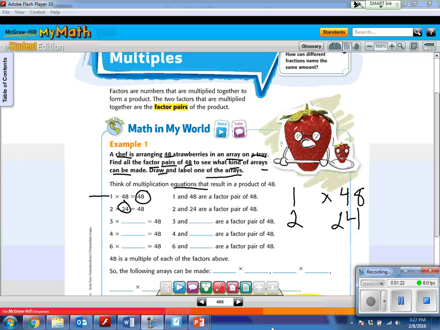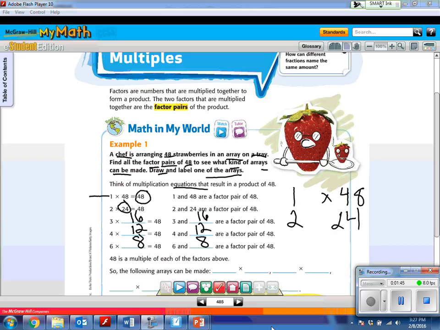But what can I multiply by 3 to get 48? Well, if I multiply that by 16, 3 times 16 equals 48. What about 4? 4 times 12 equals 48. What about 6? 6 times 8 equals 48. And we should know that from our multiplication problems.